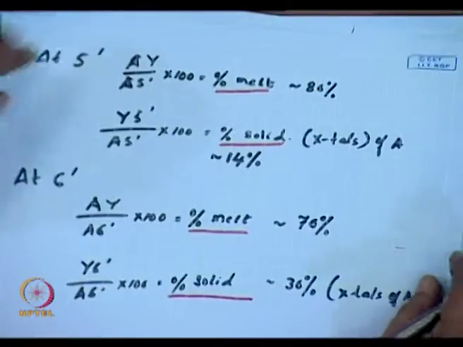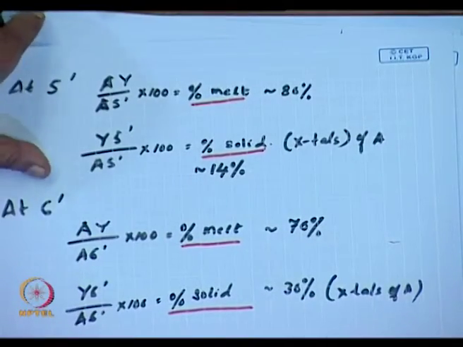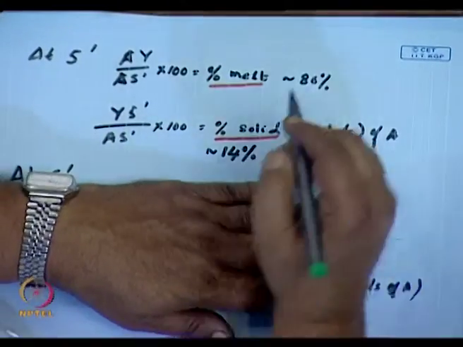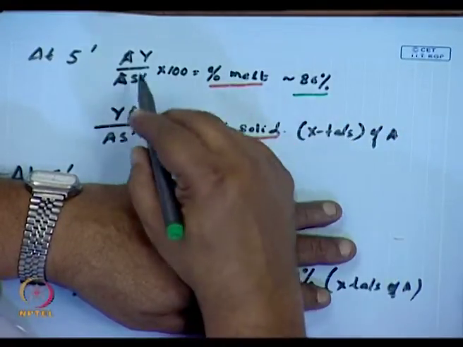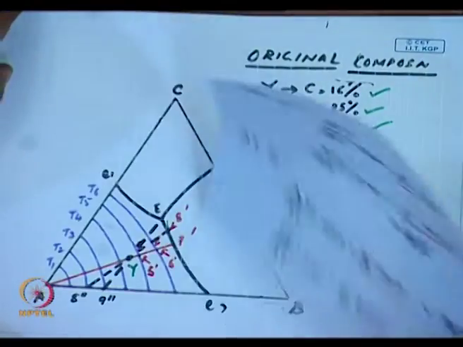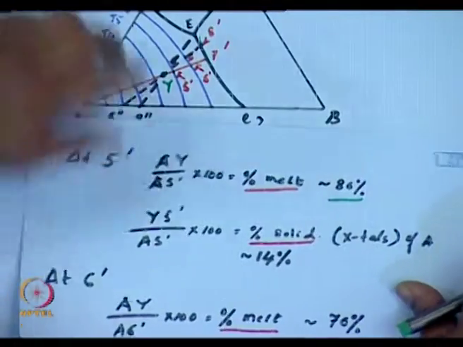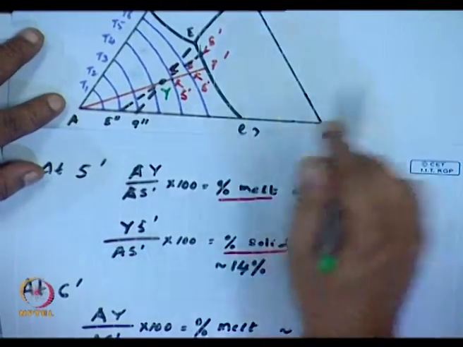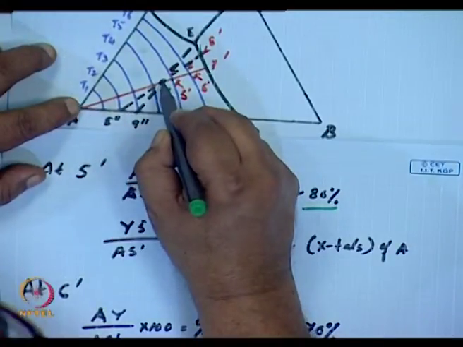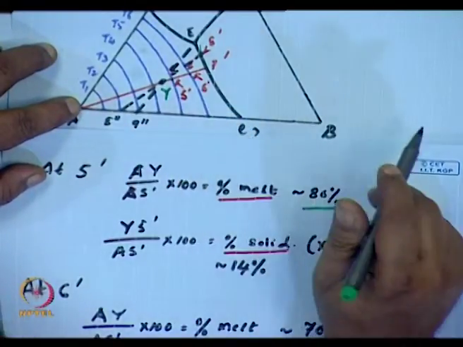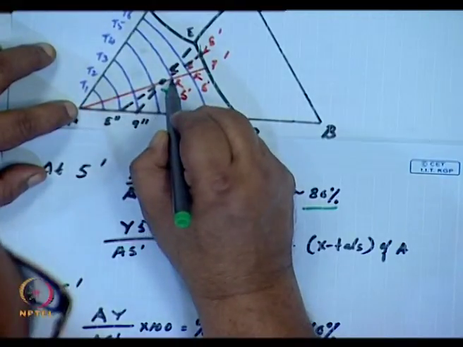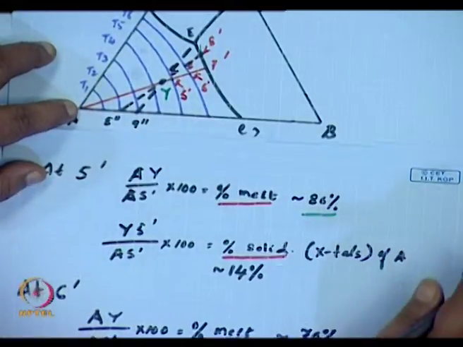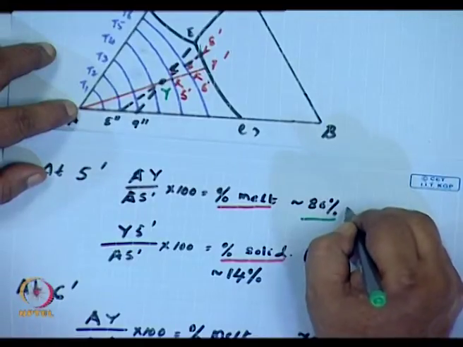Let us do two calculations. First, at 5 dash, the amount of melt is this distance AY, because this is a melt, I am applying the lever rule, divided by this whole distance A5 dash. And the amount of melt comes out to be 86%.